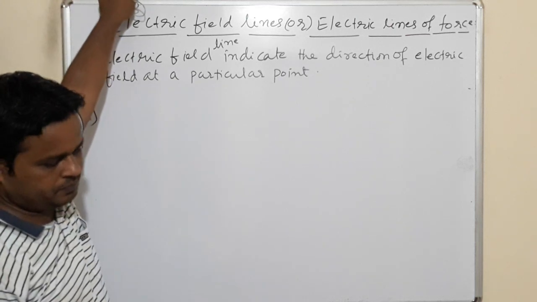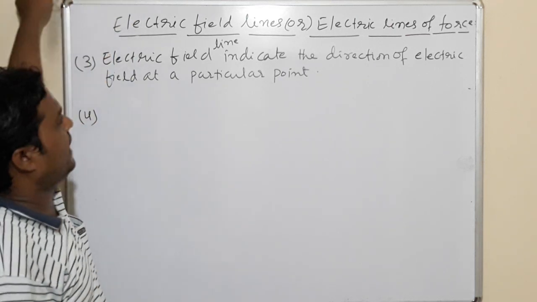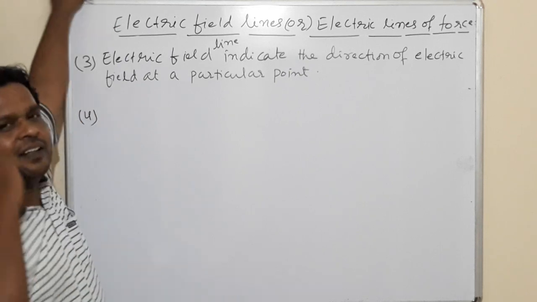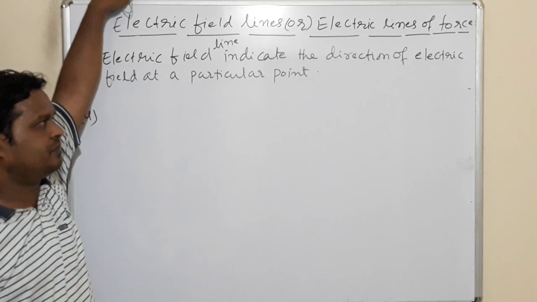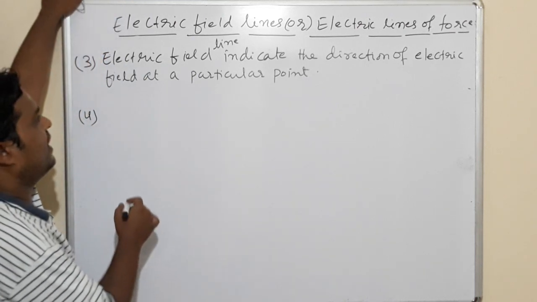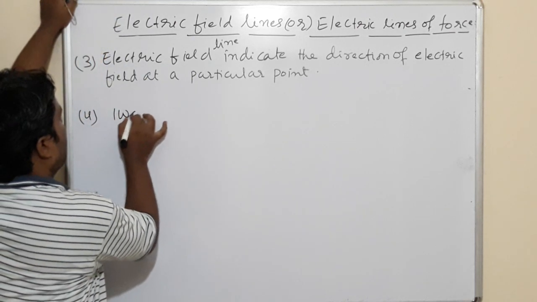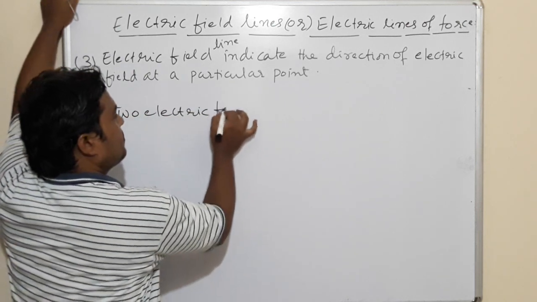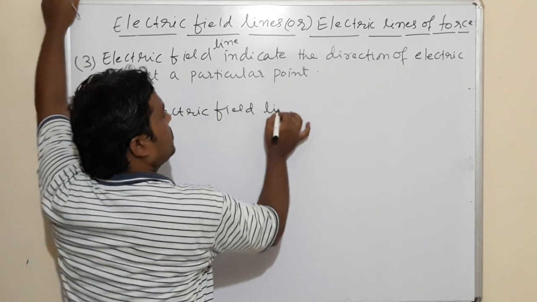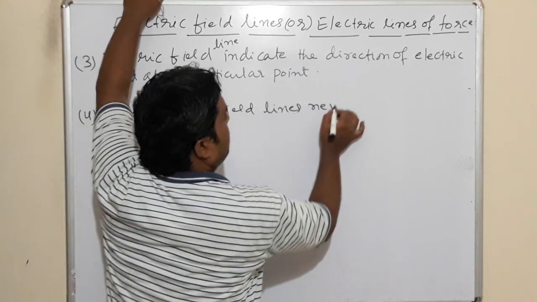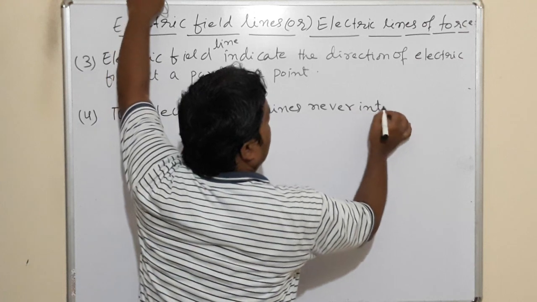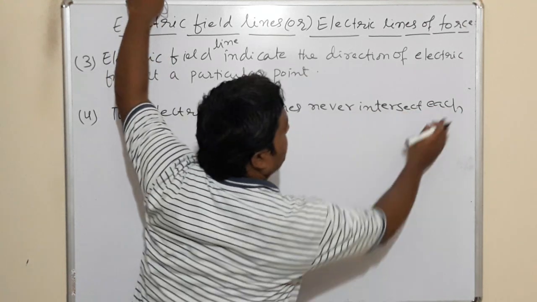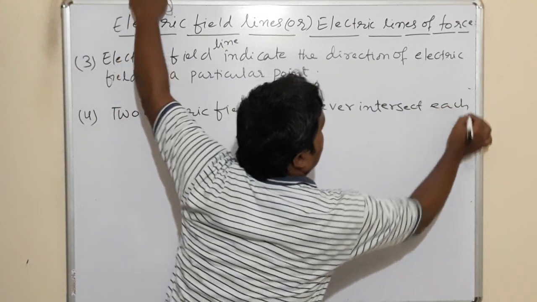Property number 4: two electric field lines, if you consider them, will never intersect each other.